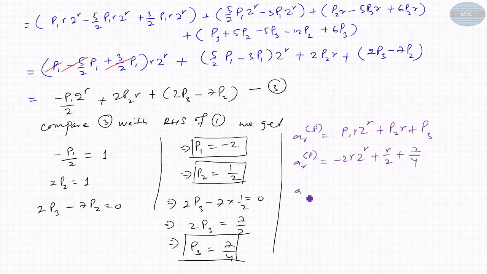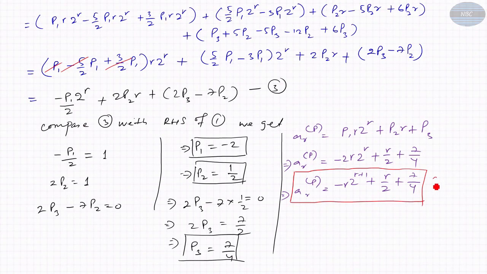Okay, so it can be written as minus r into 2 to the power r plus 1, plus r by 2 plus 7 by 4. Okay, so this is the final answer, and this is the particular solution for the recurrence relation.